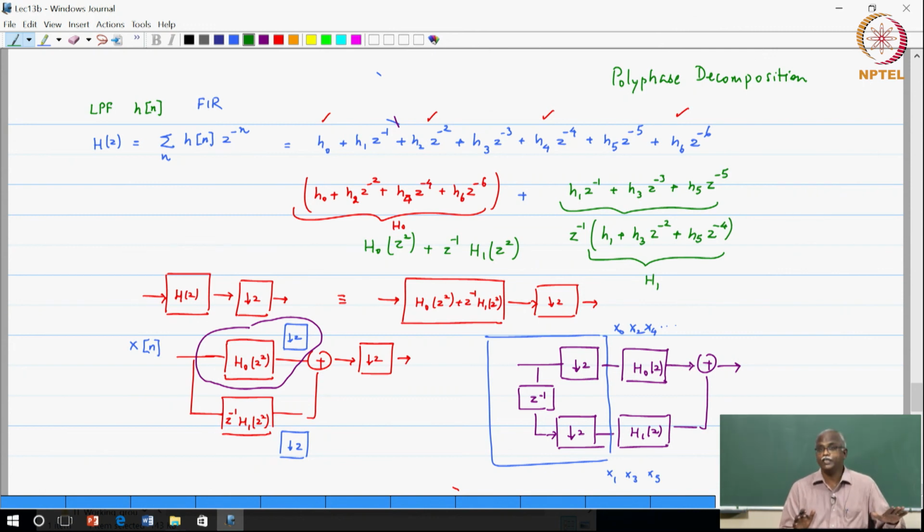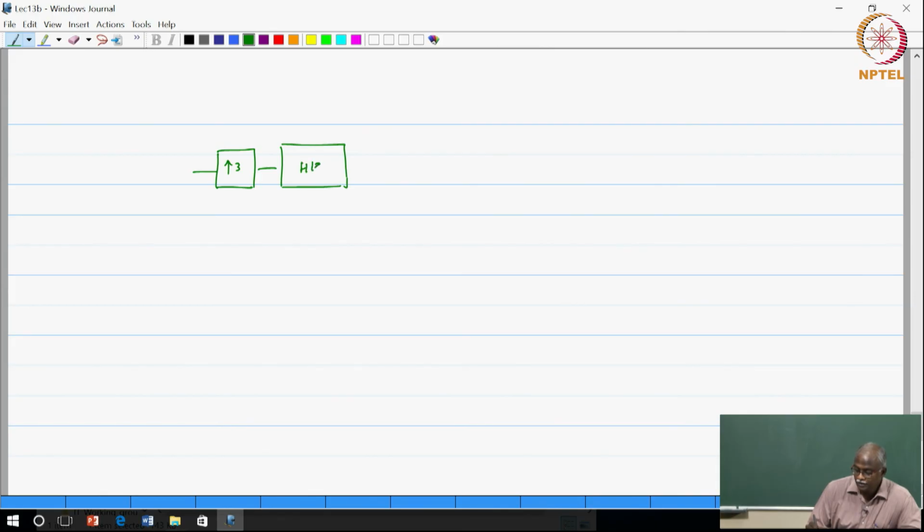So, what you will now find is that any filtering operation, you can now apply the noble identities to make it very, very efficient. Just as you did the downsampling by a factor of 2, I would encourage you to think about upsampling by a factor of 3, which you would then have to follow up with an interpolation filter H of Z, which I would like you to think of in terms of H0 of Z cubed plus Z inverse H1 of Z cubed plus Z to the minus 2 H2 of Z cubed.